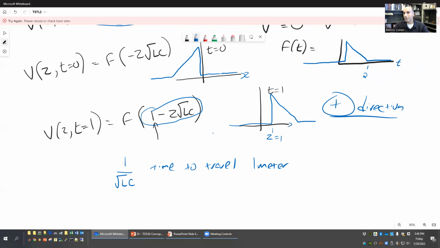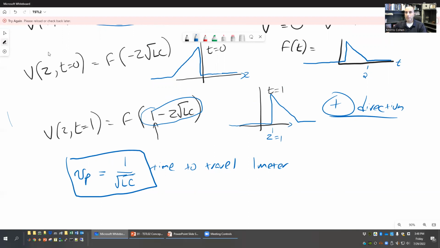Obviously the time it takes to travel 1 meter is the same as the speed. So we're going to call this propagation velocity equals 1 over the square root of LC. This just fell out of the math of the wave equation, but fundamentally it's connected to the inductance and capacitance that are within our transmission line circuit. So this one's very important, definitely something worth memorizing. Vp equals 1 over square root of LC.